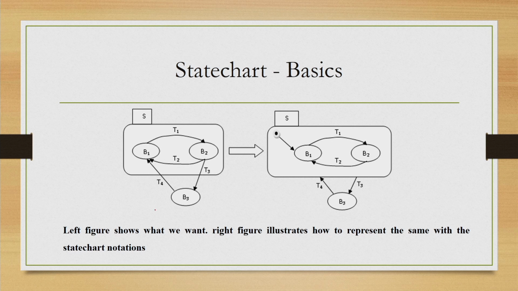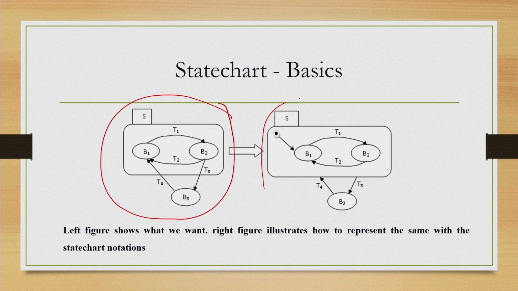So, in the left side, what we have is what exactly we want, that is we have a superstate S, two basic states. Now, from B2 we want to go to B3 and from B3 we want to go to B1. So, how to denote this using state chart notation, that is shown in the right hand figure. Here, as you can see, the arcs are not directly drawn from B3 to B1 and B2 to B3, unlike in the left figure.